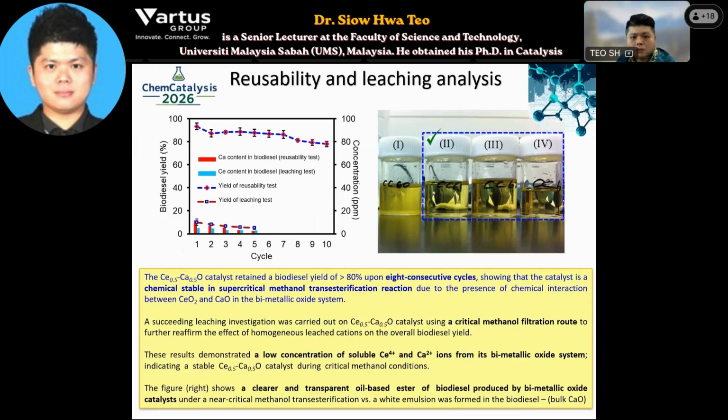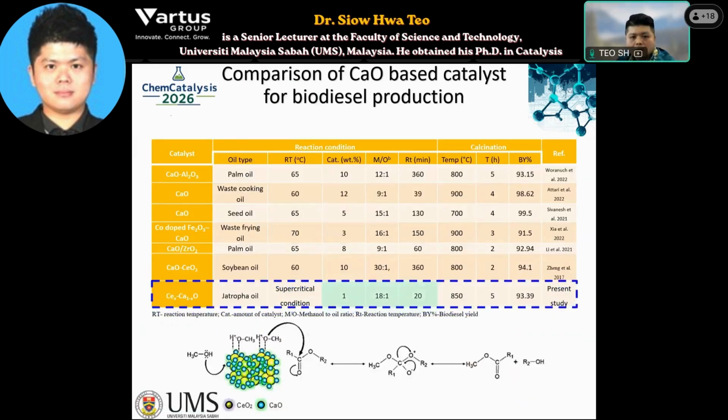To evaluate the competitiveness of the developed catalyst, we compared its performance with several previously reported calcium oxide-based catalysts for biodiesel production. As shown in the table, most reported catalyst systems require relatively high catalyst loading, long reaction times, or multiple hours of operation to achieve high biodiesel yield.